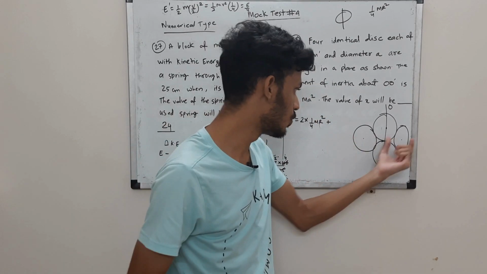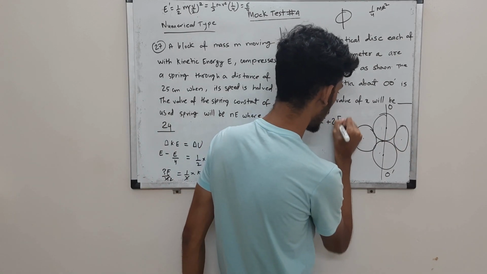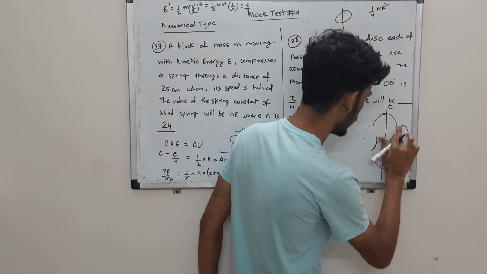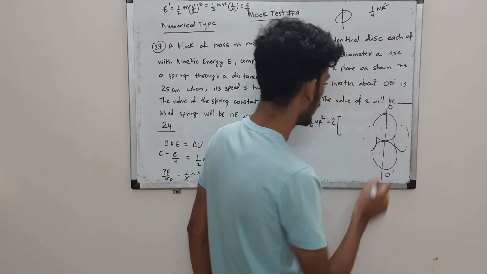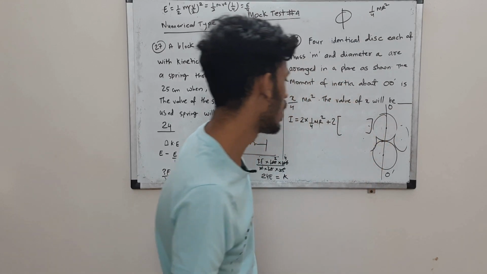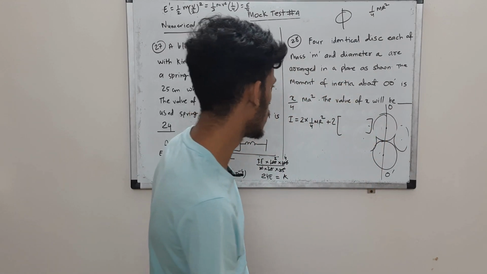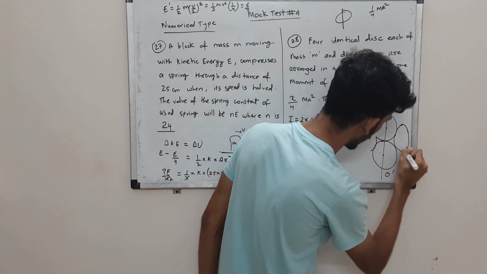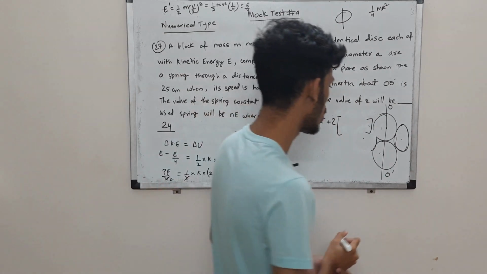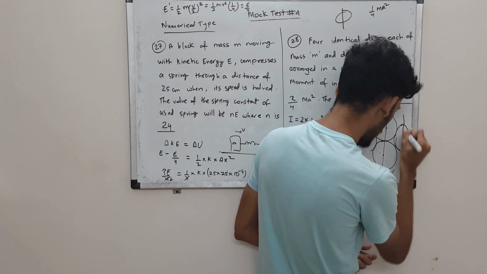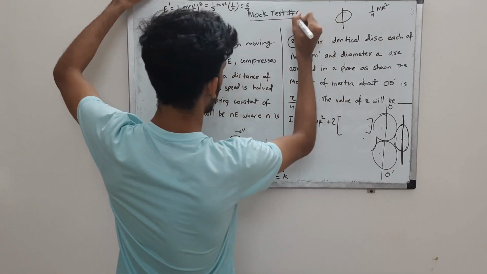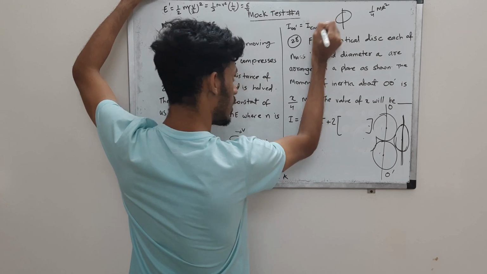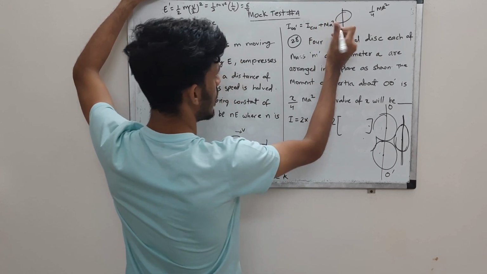Now, what about these two discs? These two discs will need the parallel axis theorem. I'm clearing this off just to solve it. Here we'll find the moment of inertia for one disc and multiply it by 2. The parallel axis theorem says that the moment of inertia about OO dash will be the moment of inertia about the center of mass, plus the total mass times the distance of separation squared.